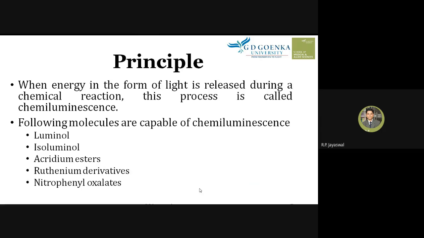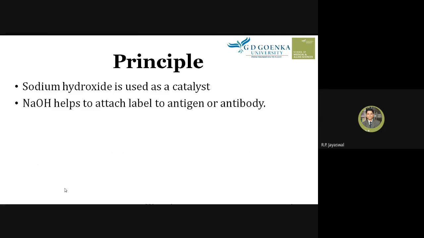For example, luminol, isoluminol, acridinium esters, ruthenium derivatives, nitrophenyl oxalates. So these are the molecules which can produce light during a chemical reaction.